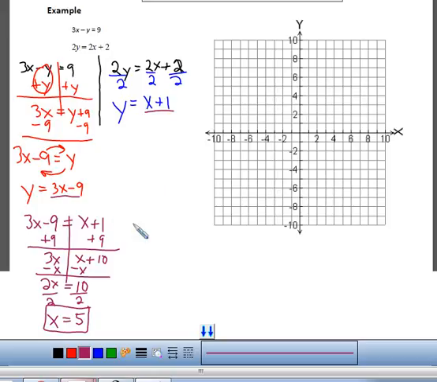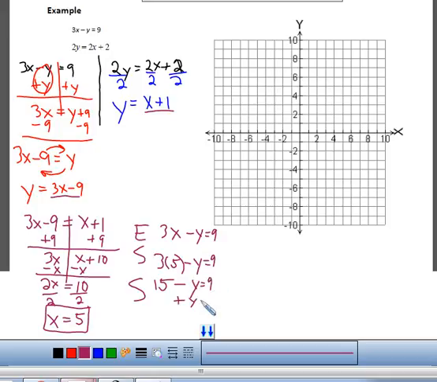Now you can use any equation you want from, well, either of the first two equations to find y. So why don't I use, let's take the first equation, 3x minus y equals 9. Substitute 5 in for x. 15 minus y equals 9.